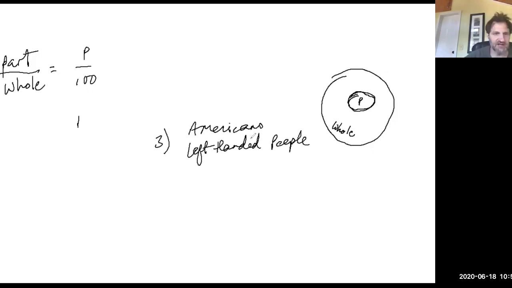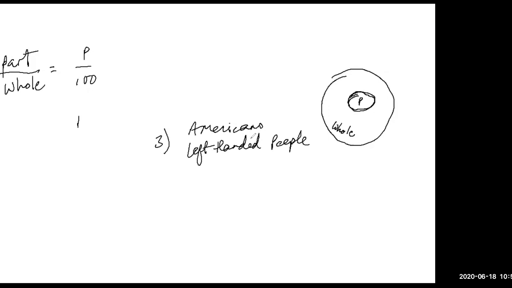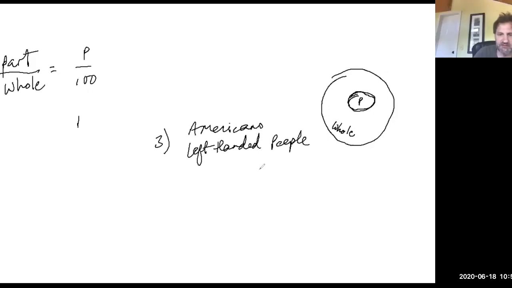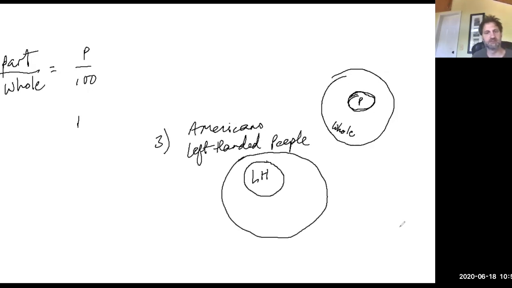Are Americans part of the left-handed people or are the left-handed people part of the Americans? Left-handed is a part of the Americans. Right. So that's how I would envision this picture. I got my left-handed people here, and that's part of the larger group of American people. And so if they give me the number of Americans, then they're giving me the whole. If they give me the number of left-handed people, they're giving me the part. So that's how I make that decision.